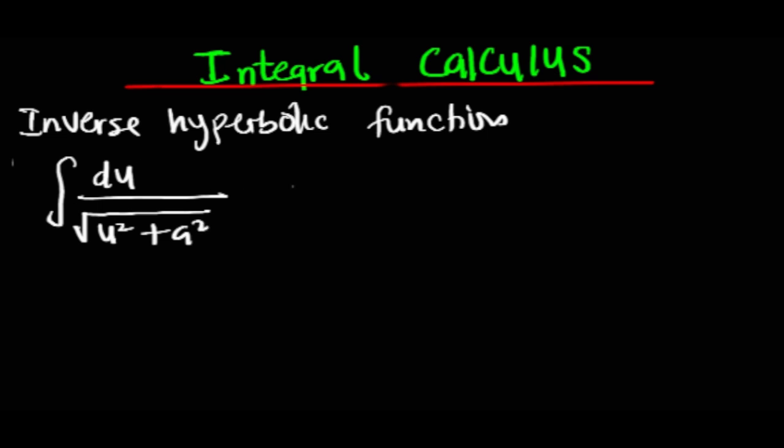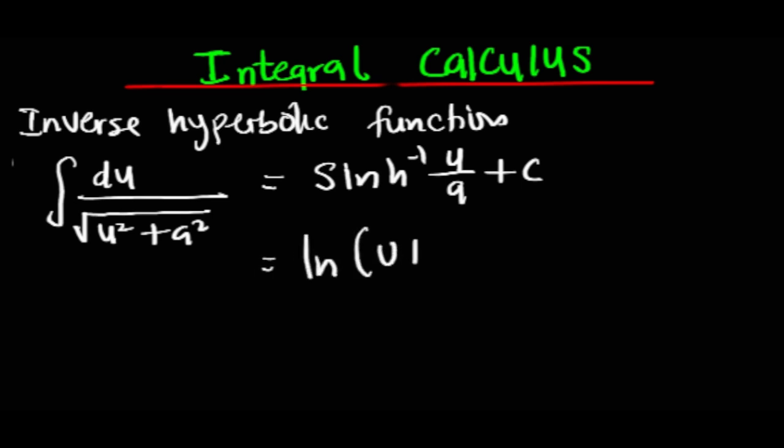Whenever I'm given something like this, it's the same as writing sinh inverse of u over a, plus c. Or you can have it to be the logarithm of u plus the root of u squared plus a squared, then plus c.